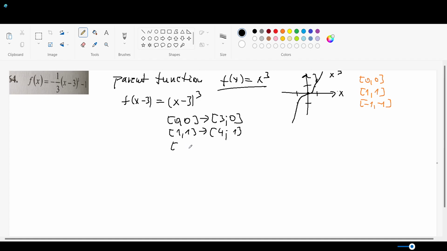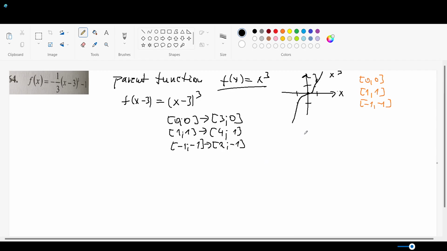Please note that none of the y values is being changed. The only coordinate which is changed is the x value. So negative 1 plus 3 is 2, and negative 1.